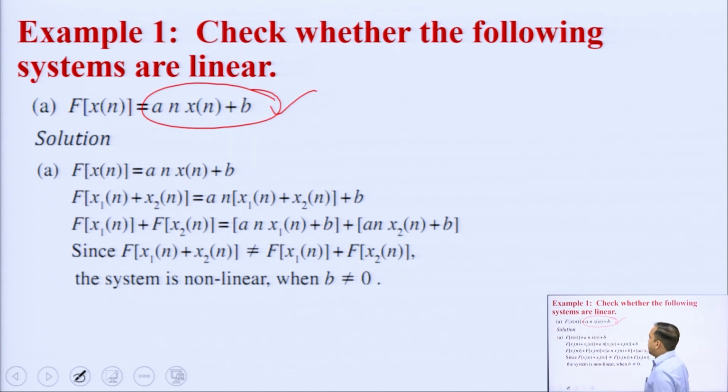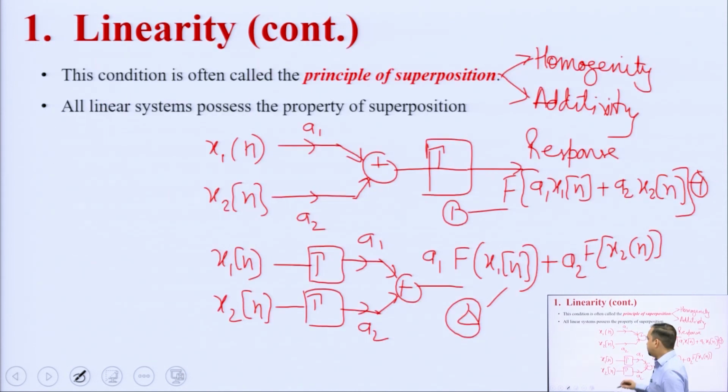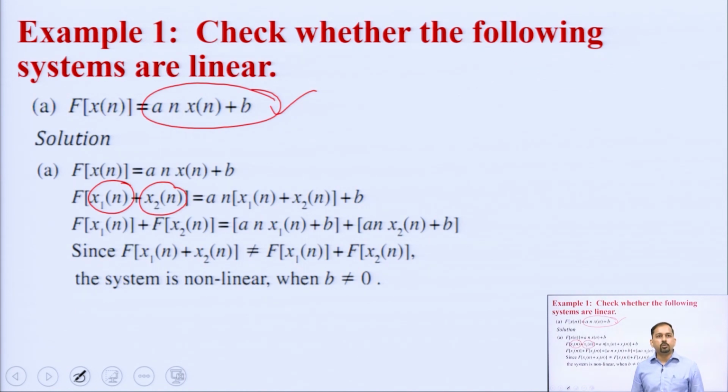First step: we have x1[n] plus x2[n], meaning we add the input signals x1 and x2, and after that we apply the system directly.